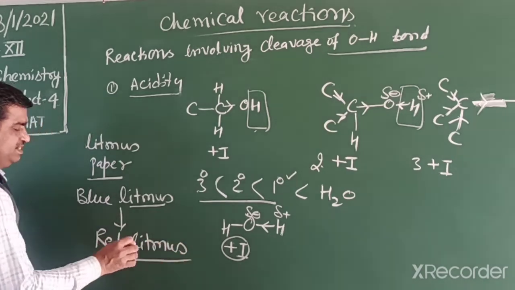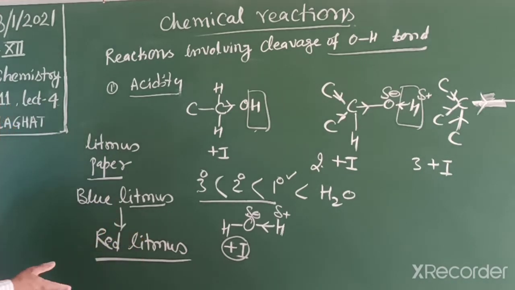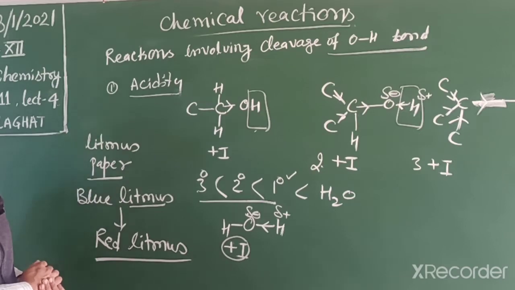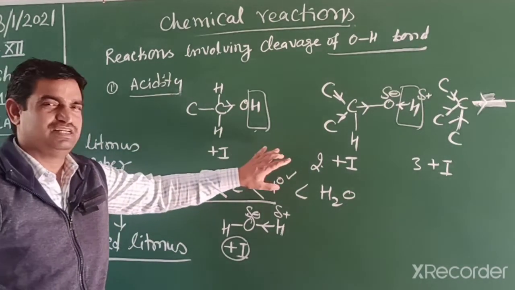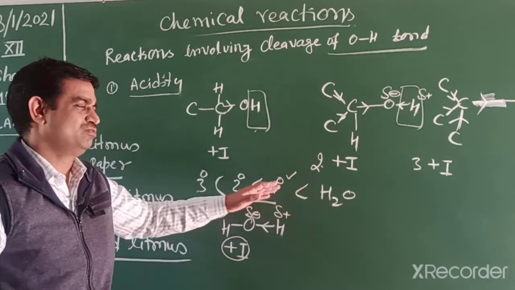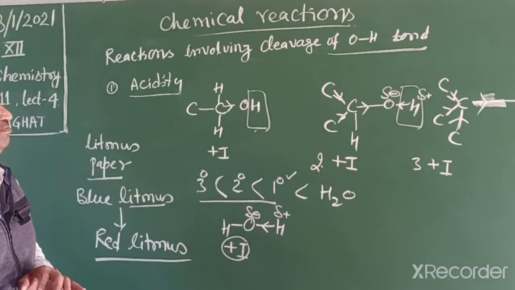We checked this earlier in 10th class. But alcohol does not change litmus paper. Water also does not change the litmus paper, so we can't check alcohol by litmus paper.